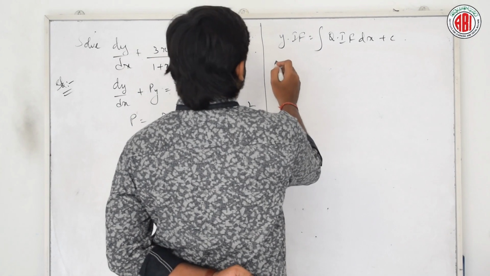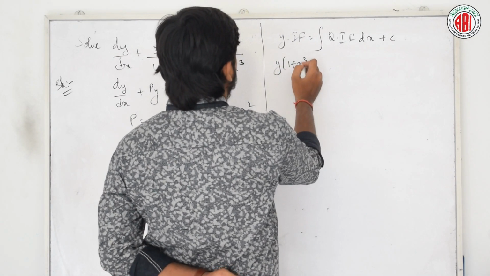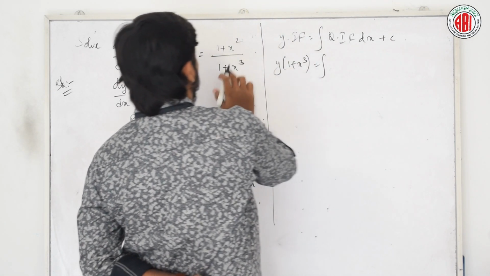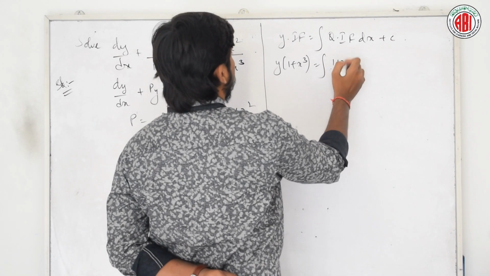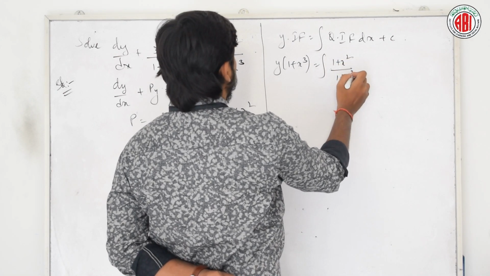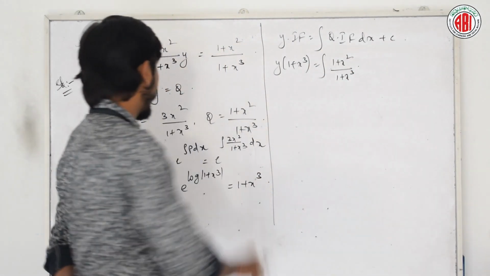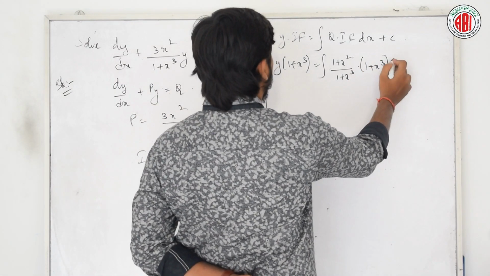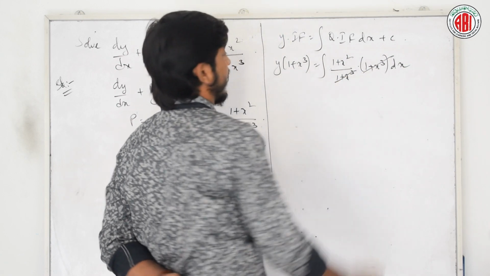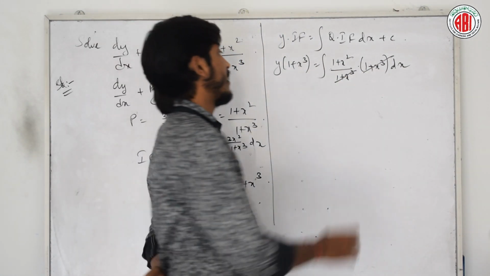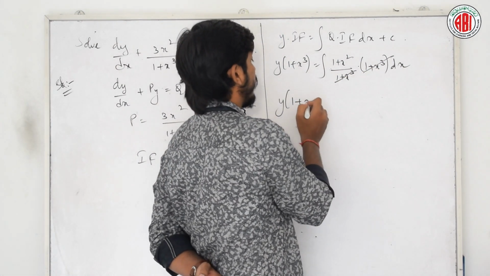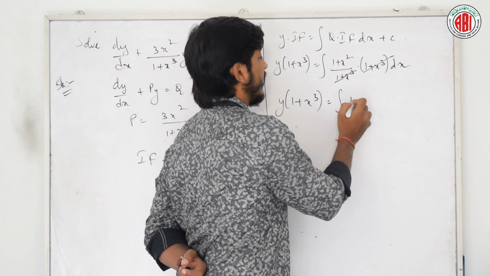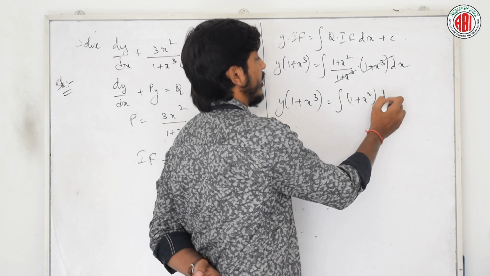So, this will be y into 1 plus x cube is equal to integral of q, 1 plus x square by 1 plus x cube, into the integrating factor, 1 plus x cube, dx. These both will get cancelled. So, what is left now? y into 1 plus x cube is equal to integral of 1 plus x square dx.